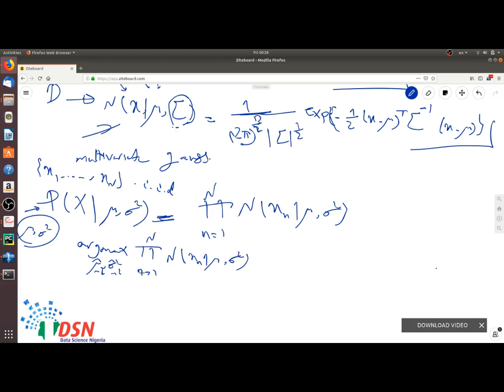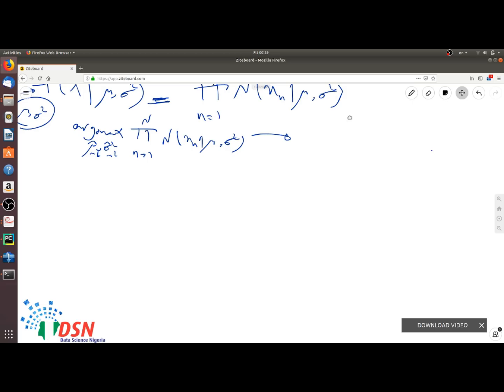Maximizing this multiplication may be hard, so it is very common to take the log of this equation, in other words, maximize the log likelihood instead of the likelihood. Taking the log doesn't change the maximum, because the log is a monotone increasing function.